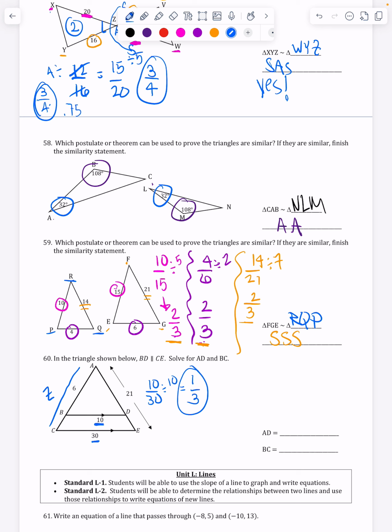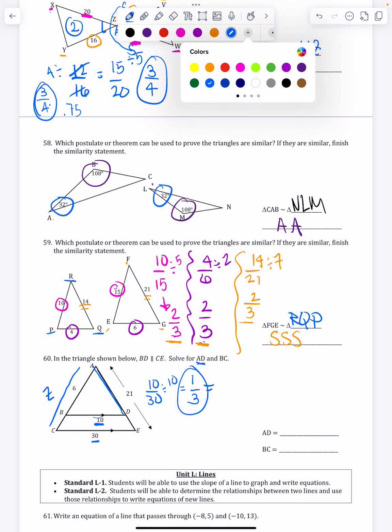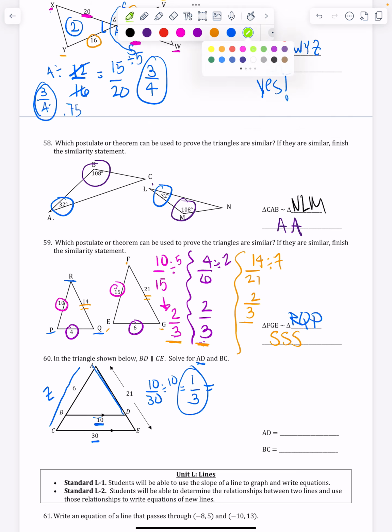Okay, so now I'm going to take that 1/3, and it wants me to solve for AD, which is this whole piece right here. So I'm going to take that 1/3. Let me find, let's use this green.